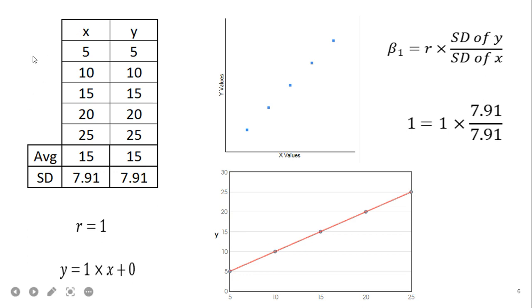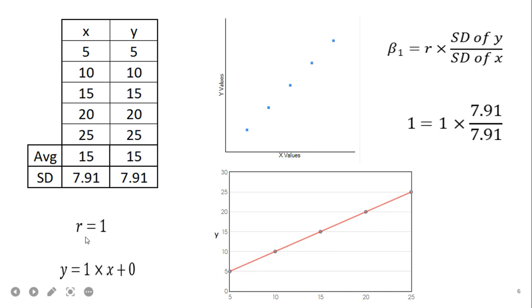Now see the example. Here x and y points are given and the points are the same. When the points are the same, their average is the same and the standard deviation is also the same. And when points are the same, a perfectly linear relationship exists between them. So when we find the correlation coefficient, the value comes as 1. And when we use linear regression, we get the slope as 1 and the intercept as 0.